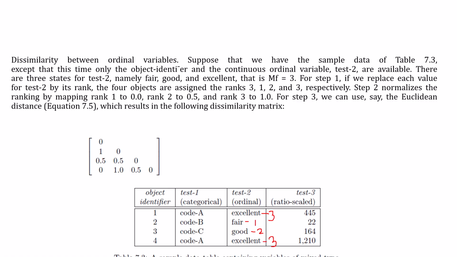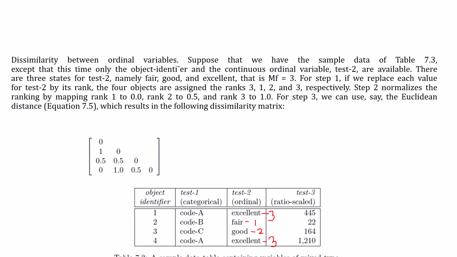In the table shown on the screen, assume that only the object identifier and the ordinal variable test 2 are available. Therefore, there are three states for test 2, namely fair, good, and excellent. That is, Mf equals 3.